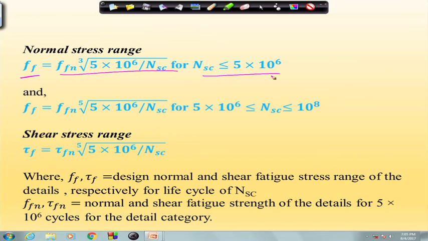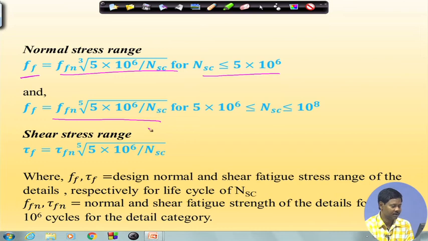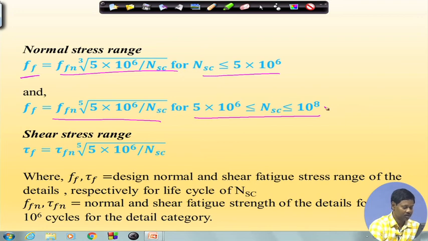For NSC greater than 5 into 10 to the 6 and less than 10 to the 8, f_f can be calculated from this expression, that is f_f n into the 5th root of (5 into 10 to the 6 by NSC). So, the design normal fatigue stress range can be found from these expressions for different values of NSC.